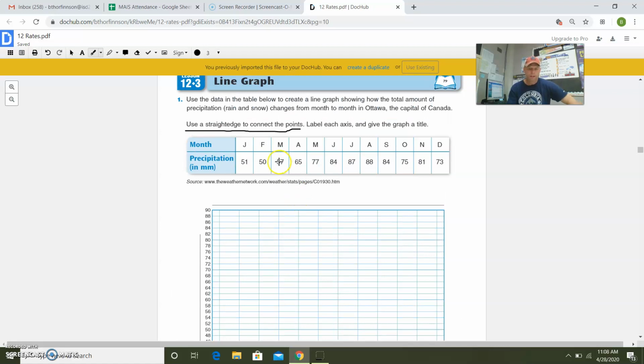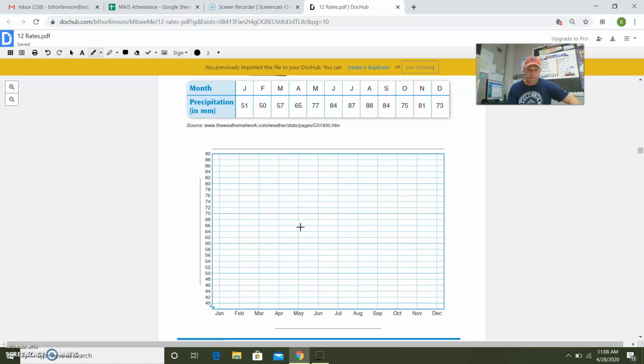So you're going to take this information and plot this on the graph. And I'm just going to get started with you, and then I'm going to let you finish. So in January, we have precipitation in millimeters. On this side of the graph, we're going to write precipitation right here. Spell that correctly.